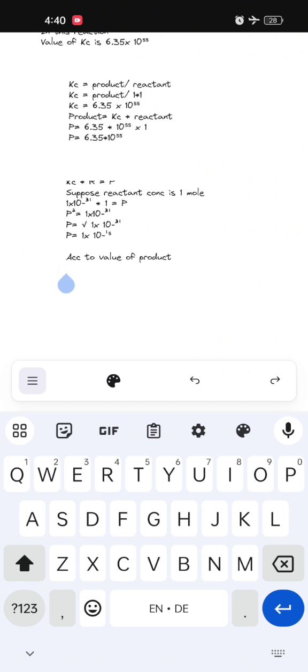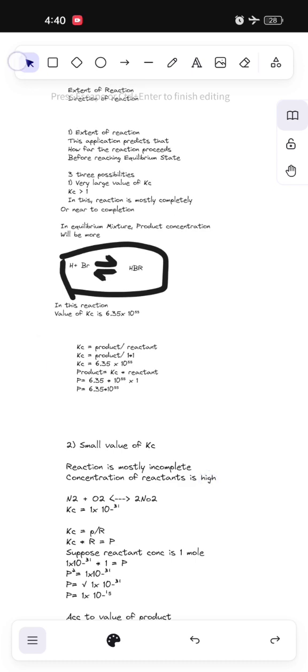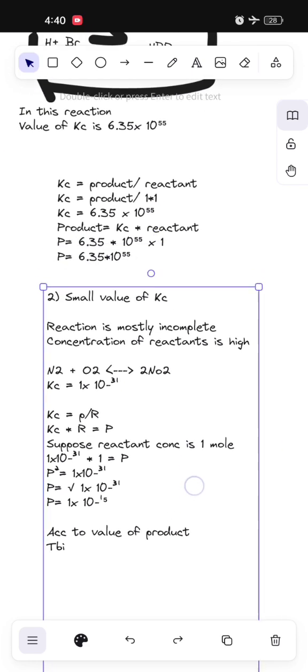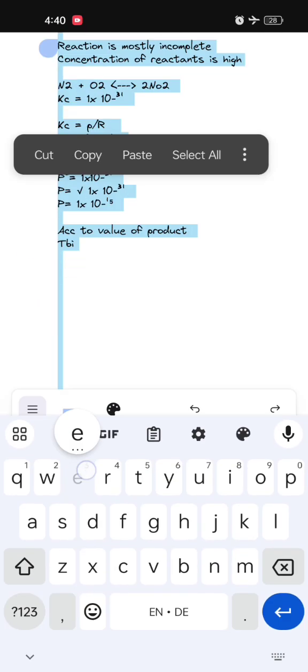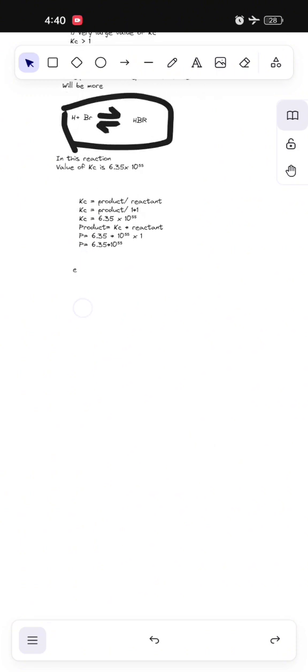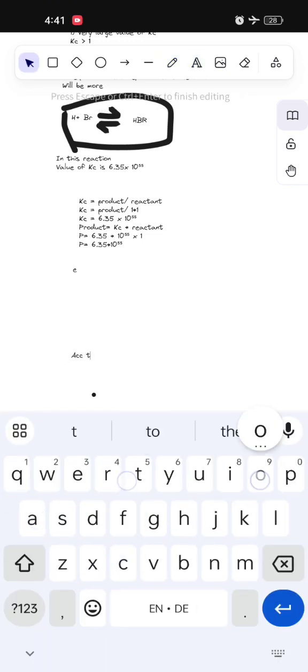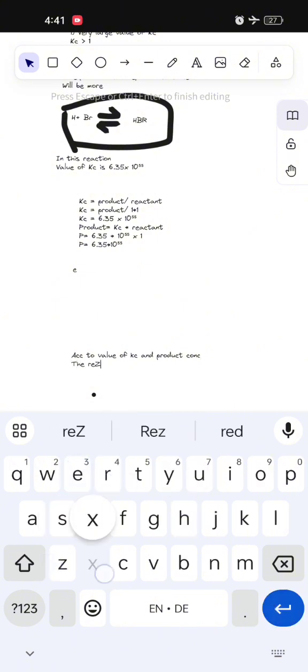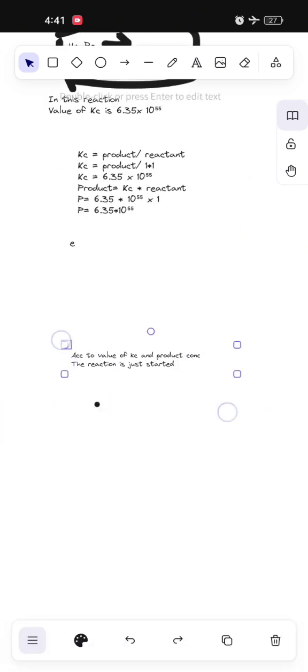It means the reaction is mostly incomplete, according to the value of product that we have got. So according to the value of Kc and product concentration, the reaction has just started.